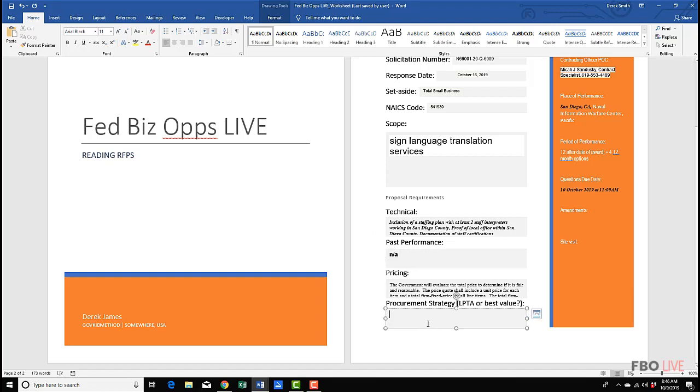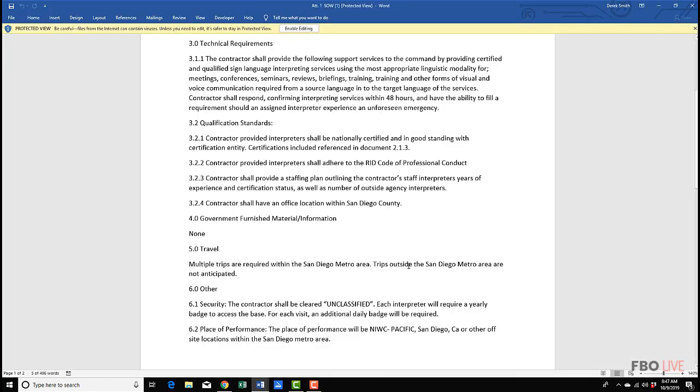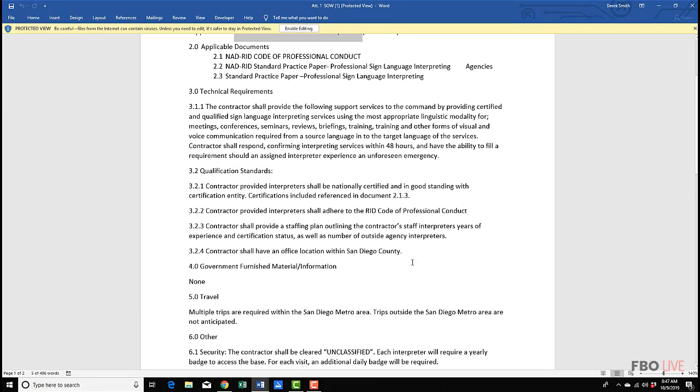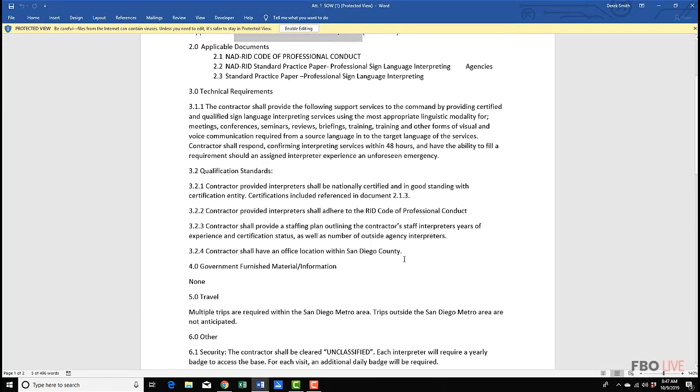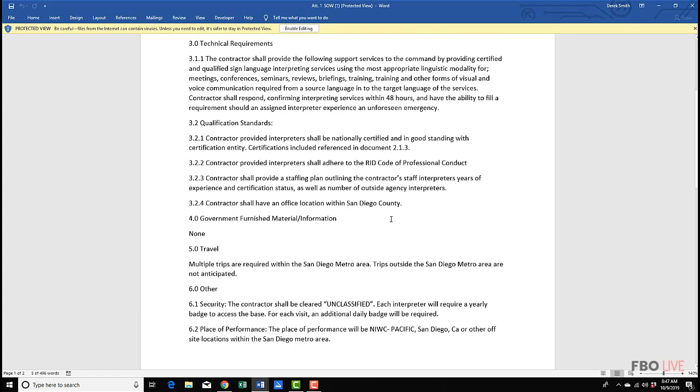Pricing strategy. We know this is firm fixed price. They haven't said if it's going to be best value or LPTA, but my gut is leaning towards LPTA because they're saying whatever submission is most, I don't know, I'll have to find the language again, but they did make it sound like it was based on being technically acceptable. And again, since this is an RFQ and not an RFP, there's not a huge proposal required.